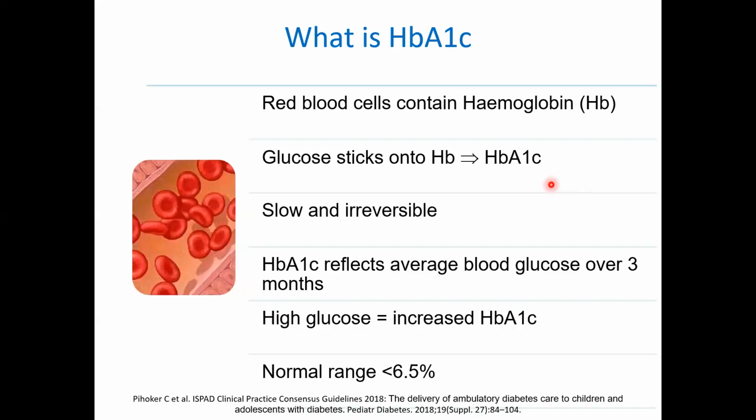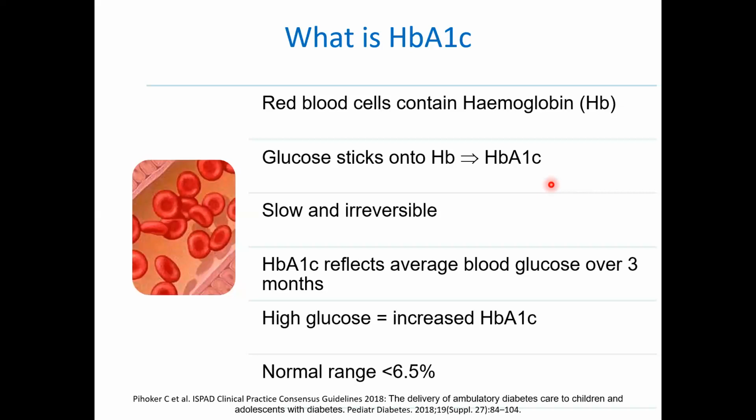So what is hemoglobin A1c, or glycated hemoglobin? So red blood cells normally contain hemoglobin, okay, and the blood glucose usually sticks to the hemoglobin, forming the hemoglobin A1c. So this is a slow and irreversible process, except within the immediate preceding week, where we said it's usually reversible, yeah.